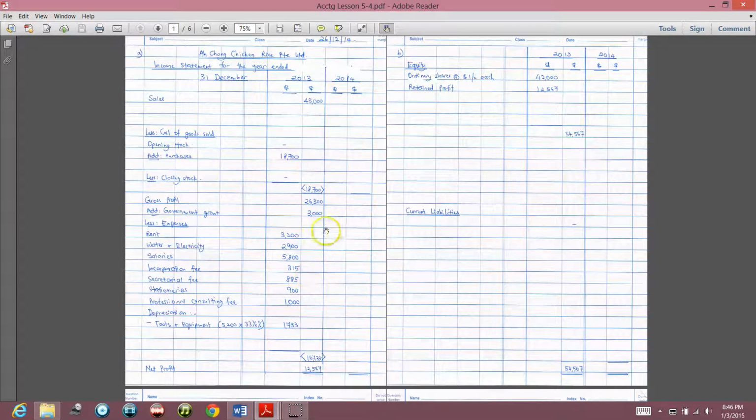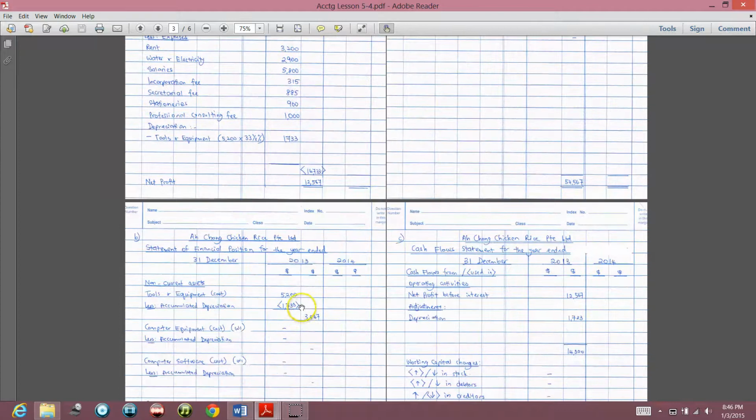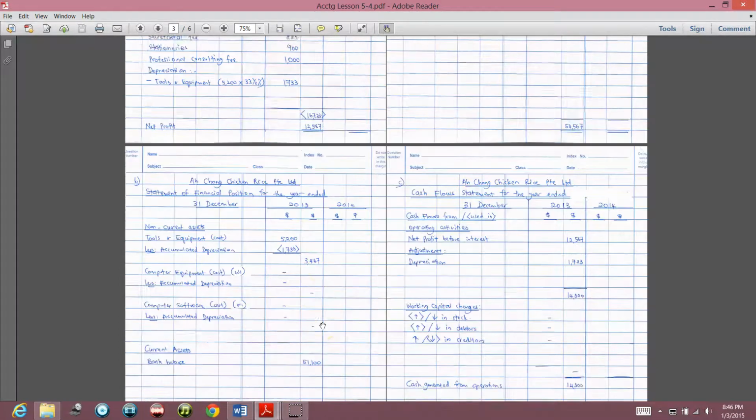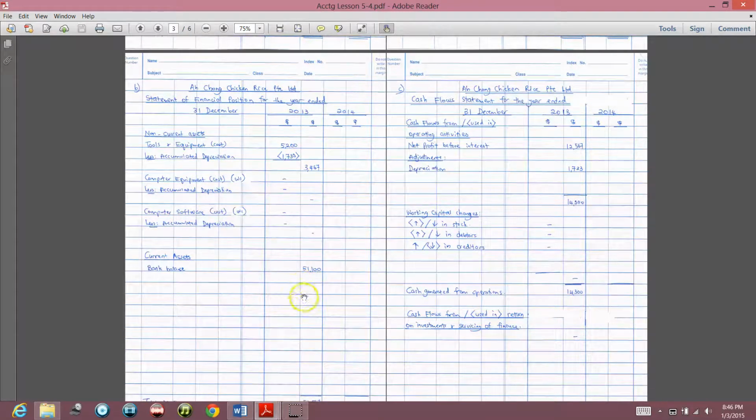So that means this one is the receipt minus your payment, then you get your net profit. This one, depreciation. Depreciation is under the asset, minus the accumulated depreciation. So this is the net book value and the bank balance.